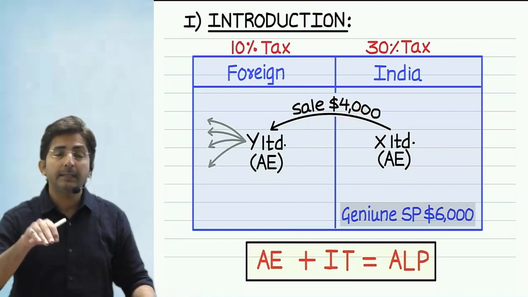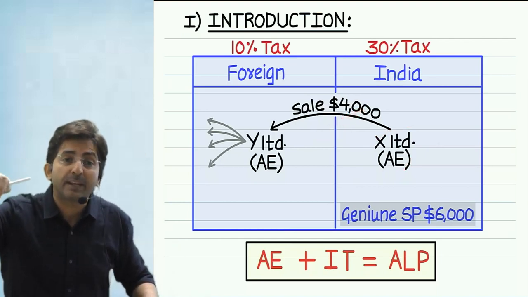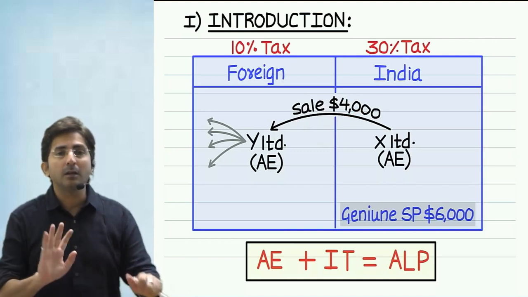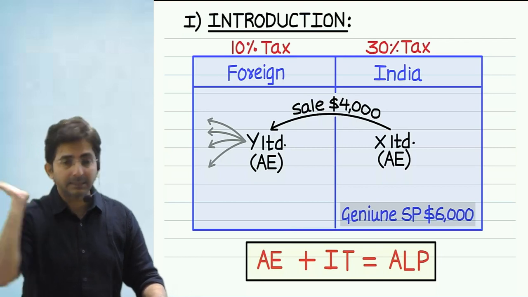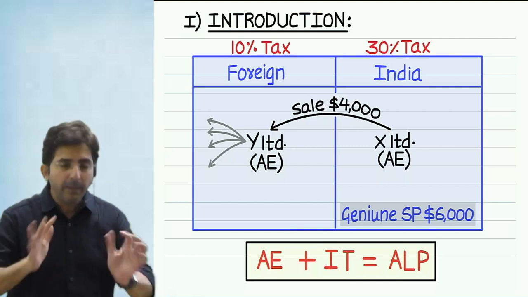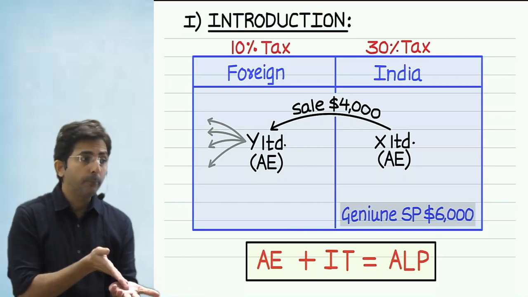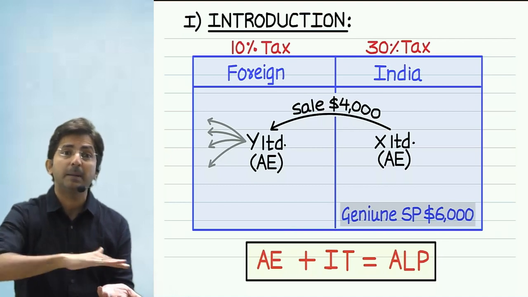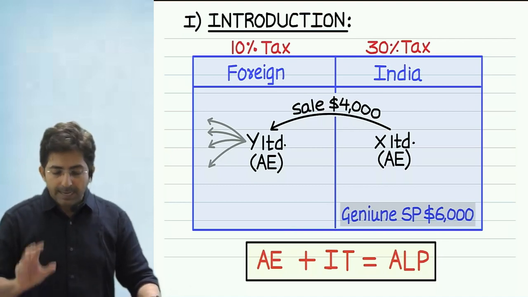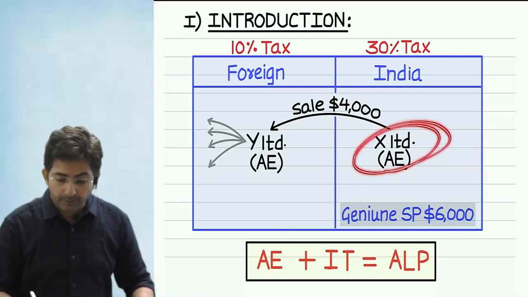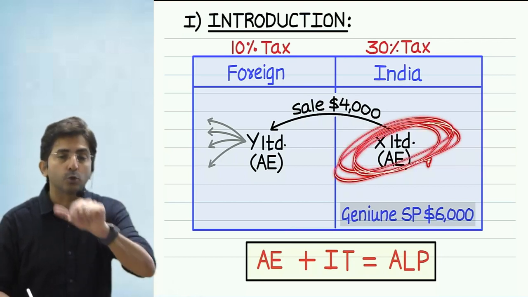And for that, he has to appoint a chartered accountant, because it is not a cup of tea for the assessee. He won't be able to compute it, because computing ALP involves techniques and methods which are very technical, which an assessee won't be able to handle on his own.